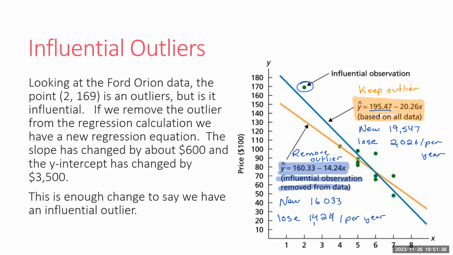We also see, like I said, that the y-intercept has changed by quite a bit as well. We're saying that the car is now $3,500 cheaper without that influential outlier. That's enough to say that that outlier is influential.